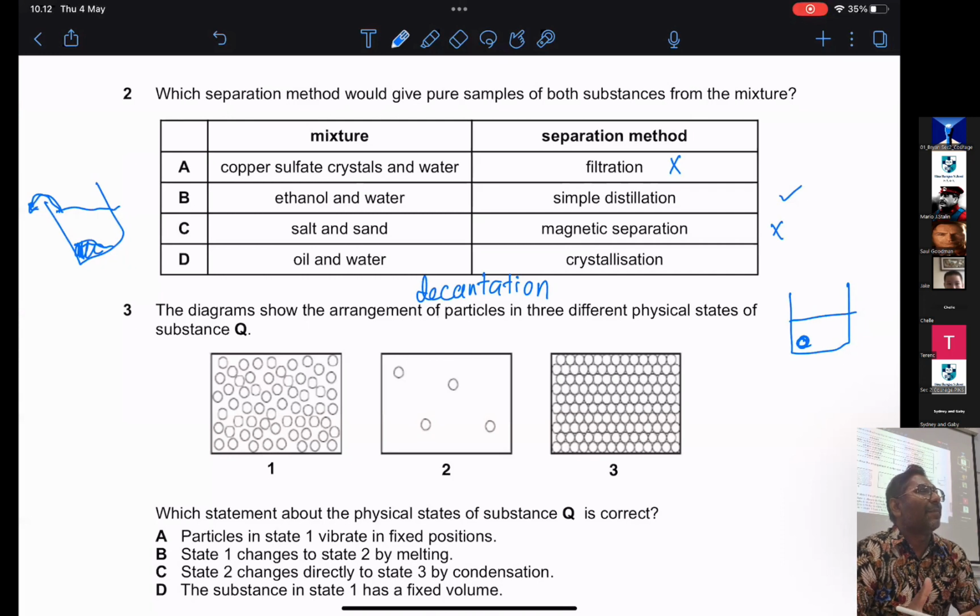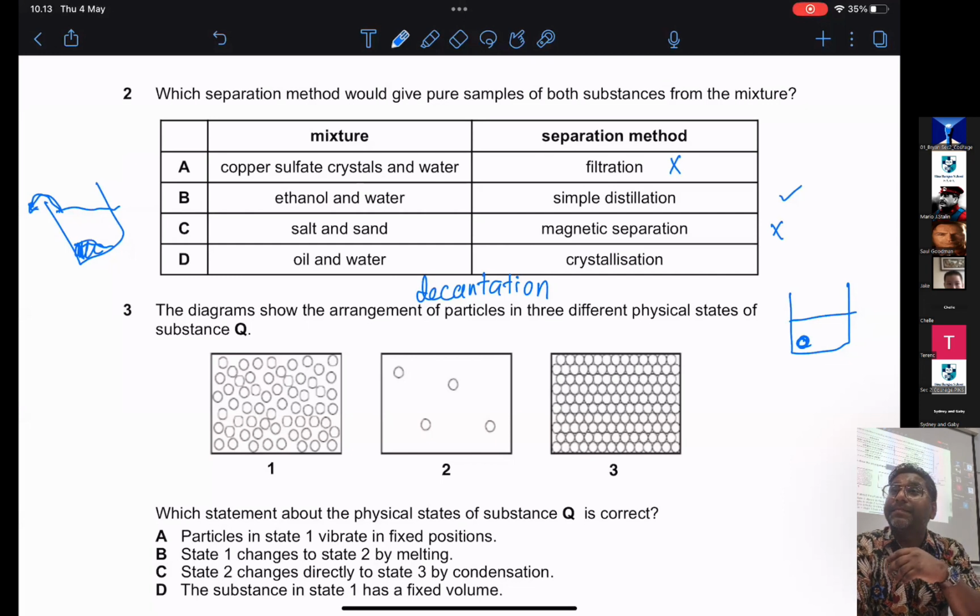How do you actually separate? You can use decantation. What is decantation?